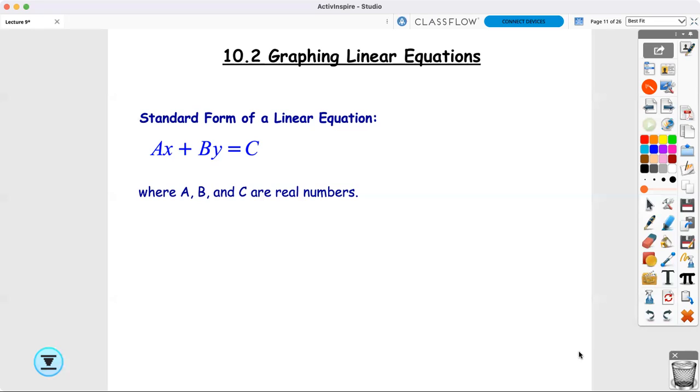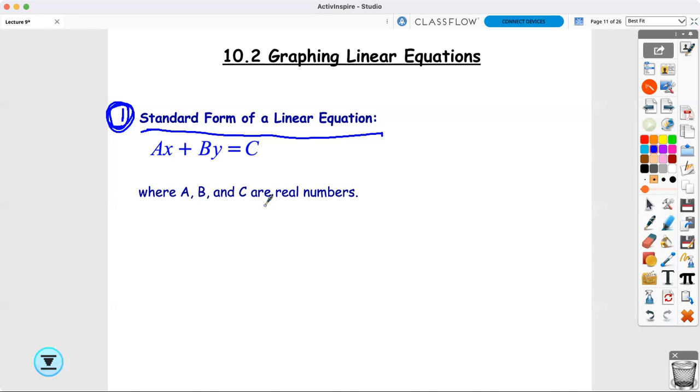So, the standard form of a linear equation. This is going to be one of the formulas. There's a total of 3, and this is the first one, number 1. Standard form of a linear equation, which is ax plus by equals c, where a, b, and c are real numbers.